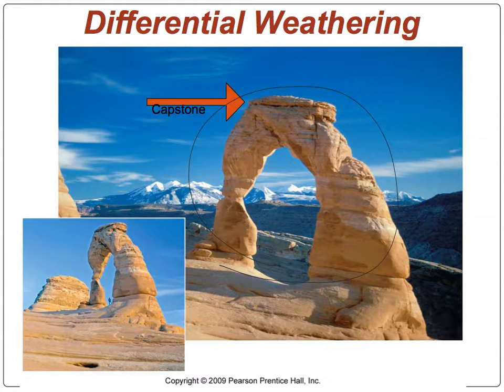What was this area like before the weathering and erosion started? What would your initial condition be to result in an arch like this?